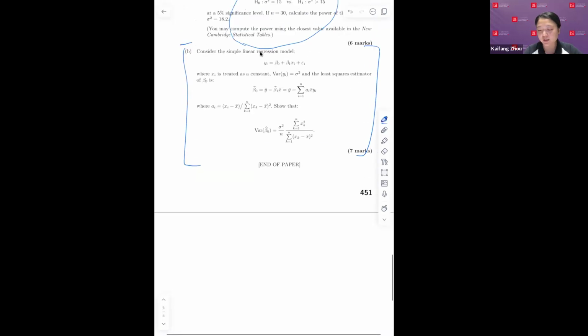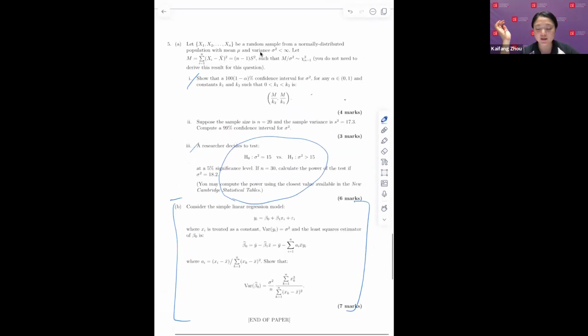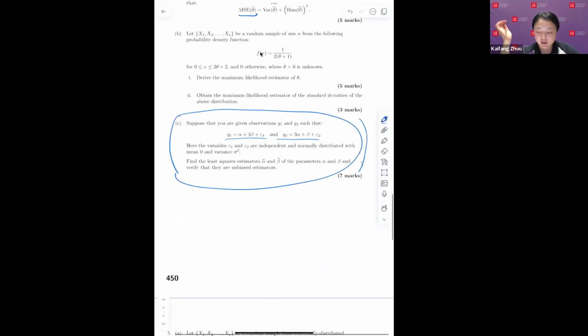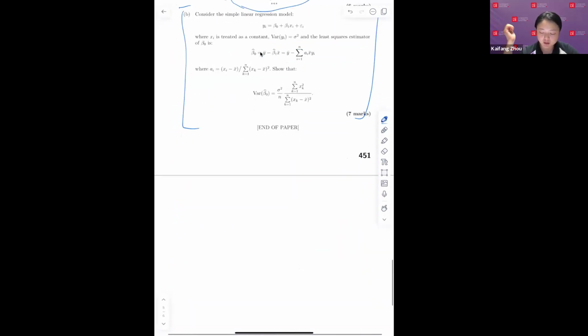I will show you the formulas later, just so you can get an idea of what formulas will be provided for your exam. And then there's one thing missing here, which is an ANOVA table. I think this paper is an old paper.